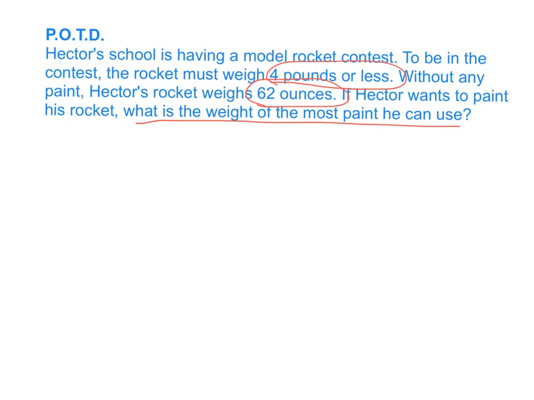Well, what I did is not only know that 1 pound is 16 ounces, I did 62 divided by 16, to find out how many pounds his rocket already weighs. So you did 62 divided by 16, right? Okay, so how many times does 16 go into 62, Harshita? Well, it goes in 3 times. What's 3 times 16? 48.